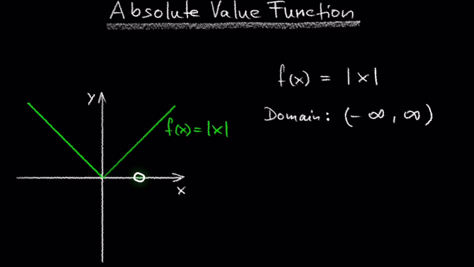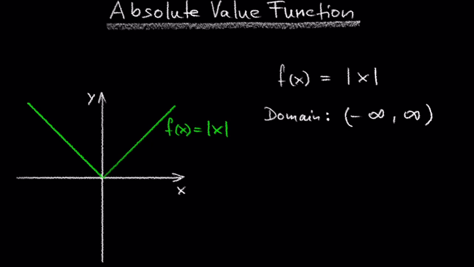For example, this x has this partner y, this x has this partner y, this x has this partner y, this x has this partner y, this x has this partner y, and so on. We can do that for all x and get the corresponding y. In other words, we can plug in all x, which means the domain includes all x's of the real numbers.